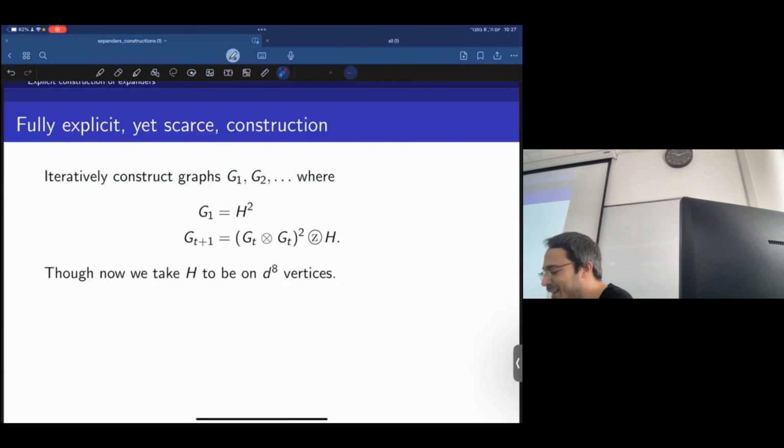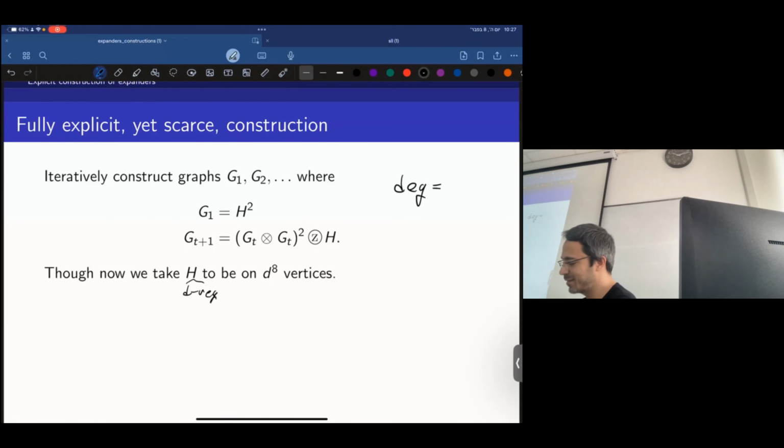Okay, let's start with the degree. Degree is always easy. So H is again D regular, but with D to the 8 vertices. What's the degree of G1? H is D regular. D squared, right? Squaring a graph squares the degree.